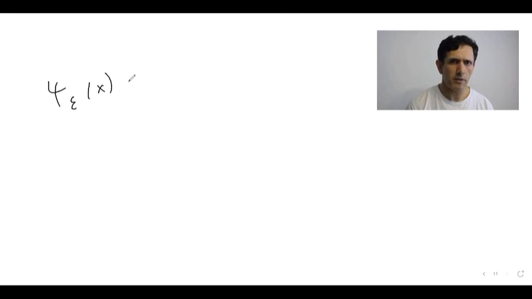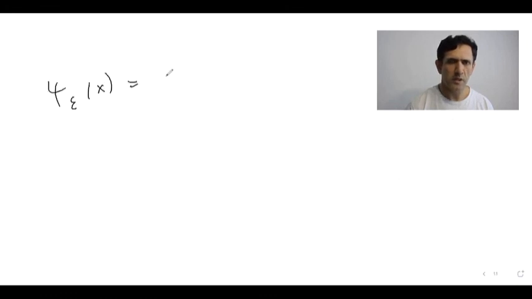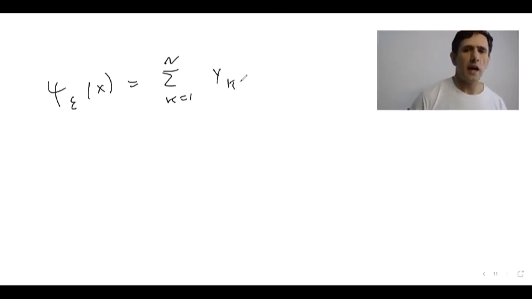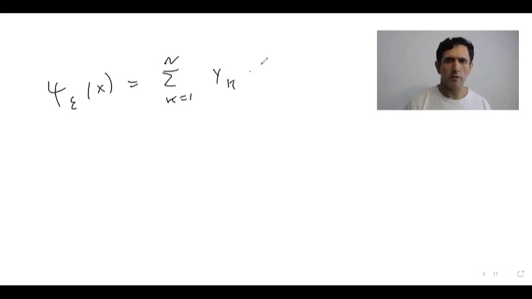And again, probably it's not a bad idea in this example to draw this one here. This is going to be basically the same thing, except the value on each Ek is the right endpoint of my interval.